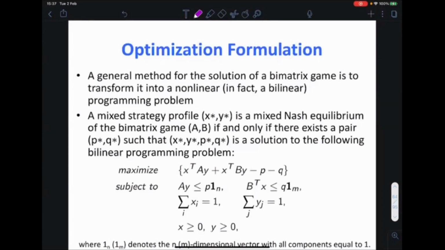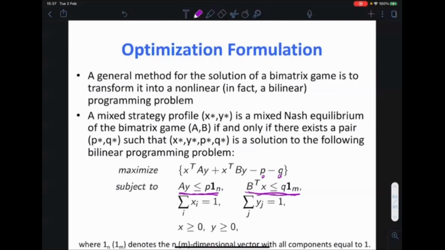So to think about this, I have P and Q here. P and Q are basically upper bounds, for each of the agents, right?